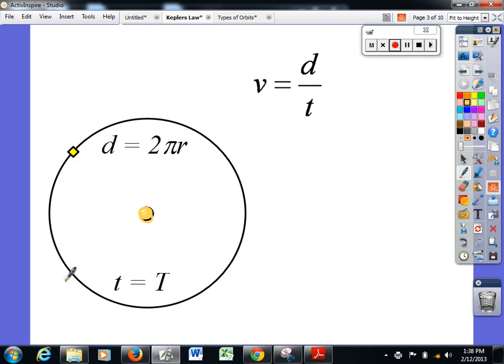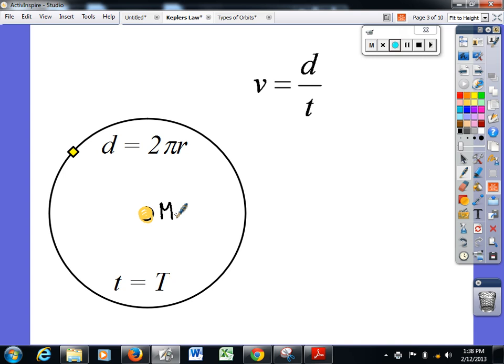Now, the central object is going to be given, as we've always done, the letter capital M. So for the Earth going around the Sun, what is the central object of our orbit? The Sun. For the Moon going around the Earth, what's the central object of its orbit? The Earth.